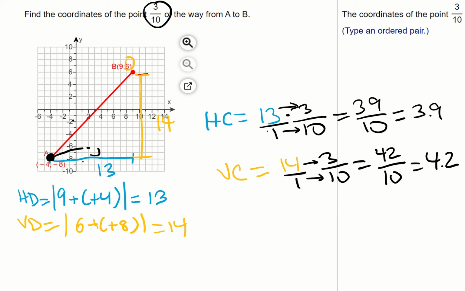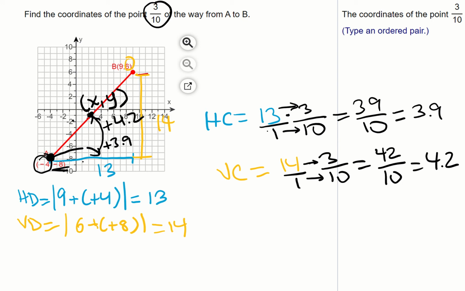So we're going to go to the right by positive 3.9, and we're going to go up by positive 4.2. Up means positive. So we're going to add the 3.9 to the x coordinate, and we're going to add the 4.2 to the y coordinate, and that's going to give us our new coordinate, which we'll call xy.